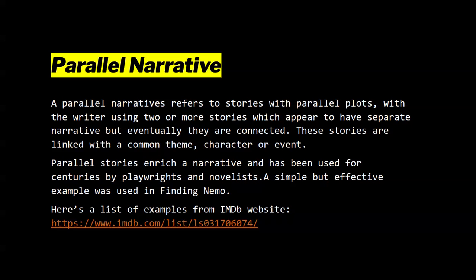Let's say these stories are connected through a common theme, character, or event. So basically, these characters could be related to each other. Like two characters are living their separate lives, but they actually are related, like they're sisters or brothers, or cousins, etc.